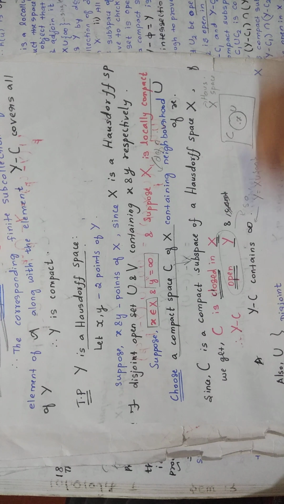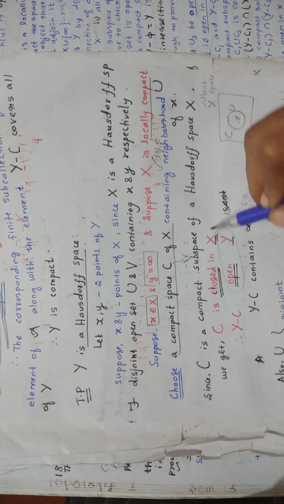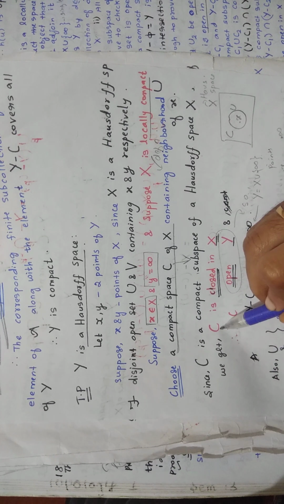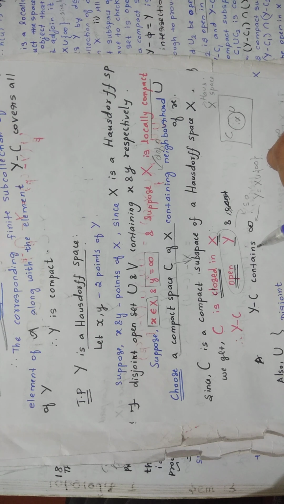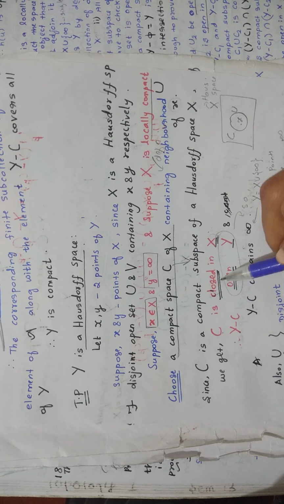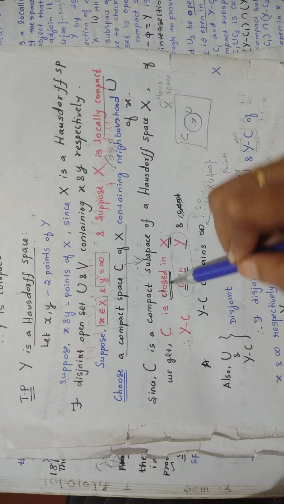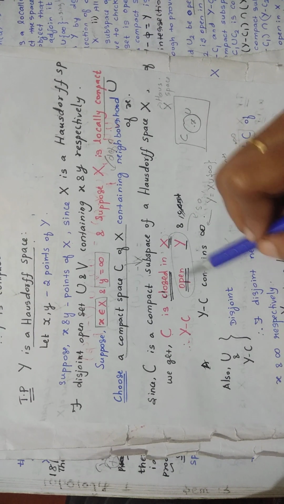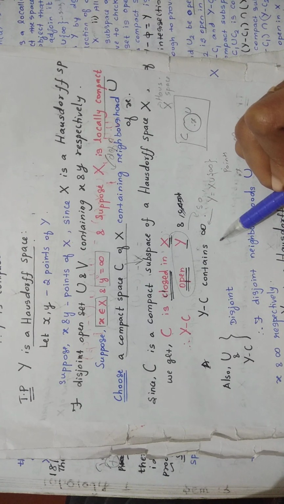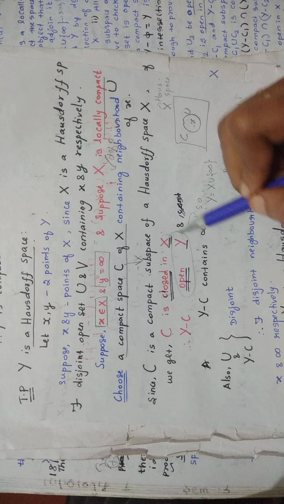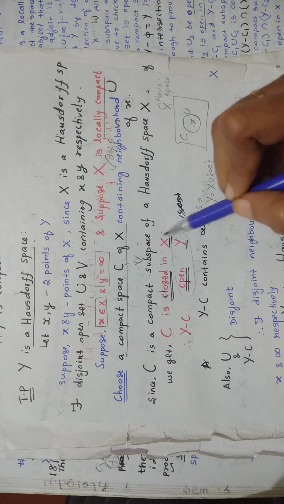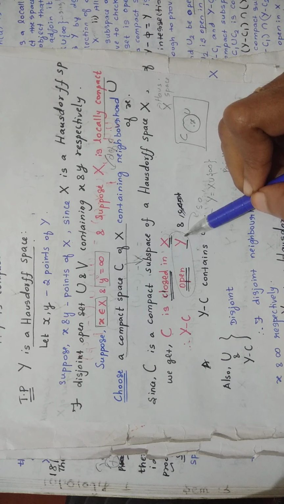So C is closed in X. If C is closed in X, then X minus C will be open in X. Okay, C is closed in X. Therefore y minus C is open in y. X is converted into y here. Why?